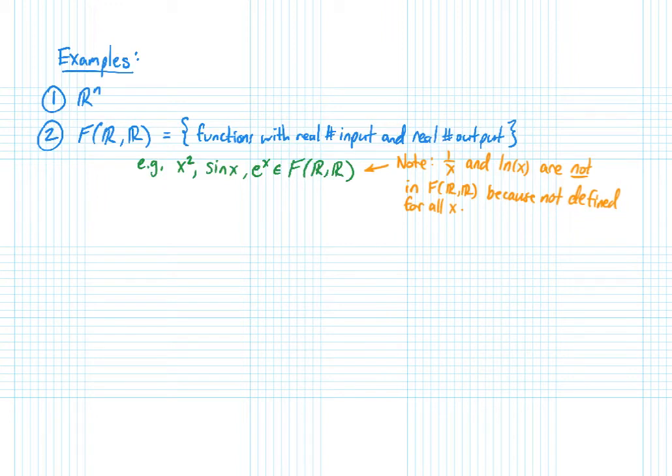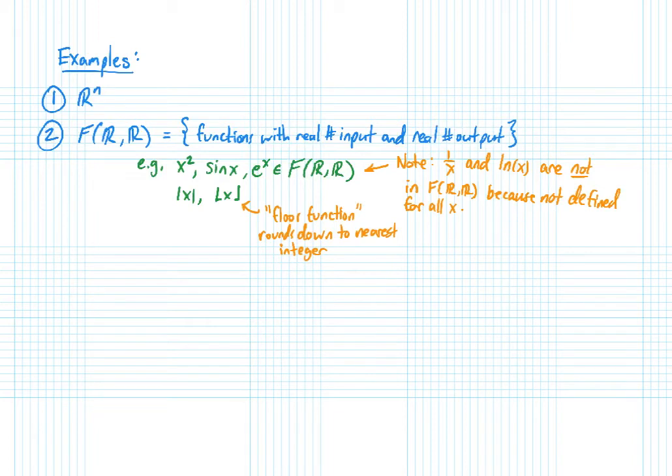Another important point is that this definition of F(R, R) doesn't require the functions to be nice in any particular way. They just have to be defined. So they don't have to be differentiable, they don't have to be continuous, and that means it includes things like the absolute value of x and the floor function of x, which, in case you haven't seen it before, is just a function that rounds x down to the nearest integer.